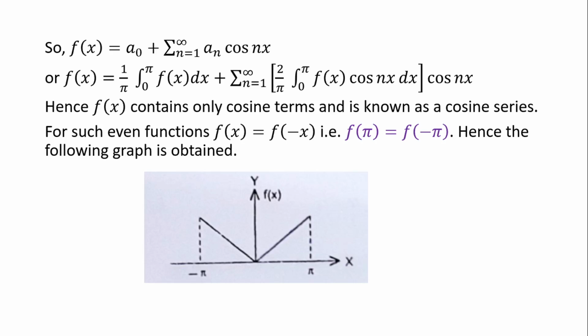So we have plotted here the function within limits minus pi to pi, and we find that when x changes from minus pi to pi, the value of f(x) on the y-axis is always positive. For x equal to pi it is positive, for x equal to minus pi again it is positive. So this is the graphical representation of an even function.